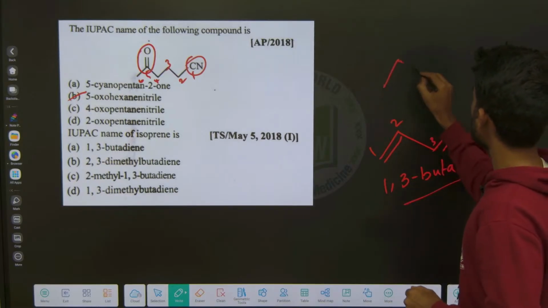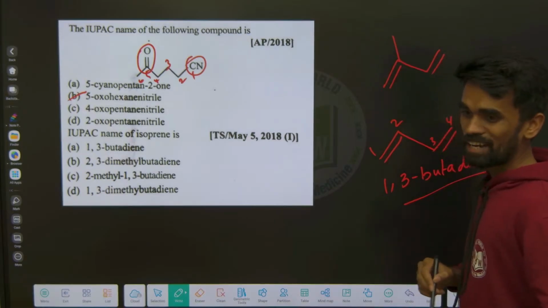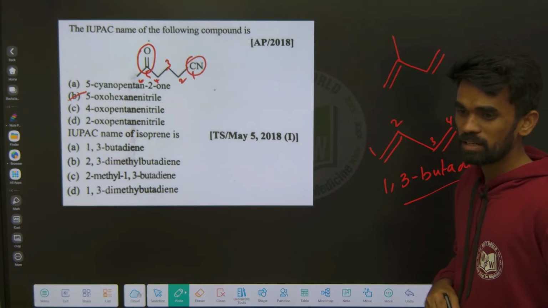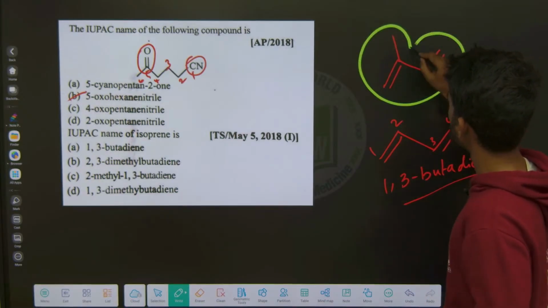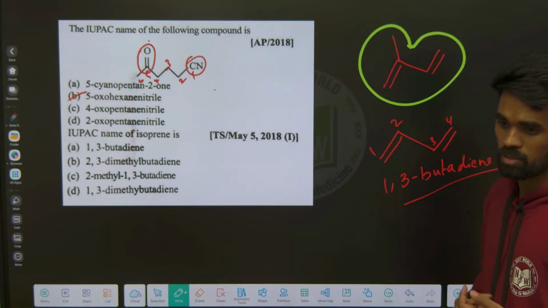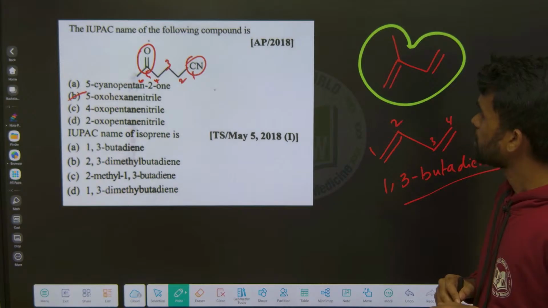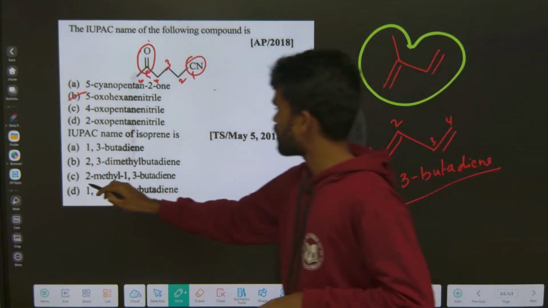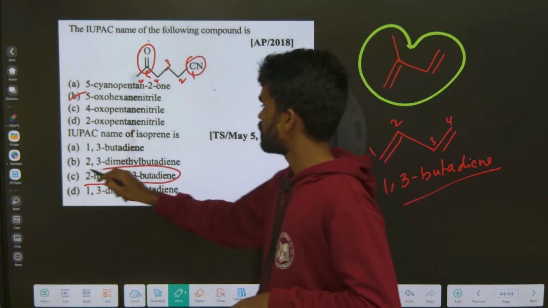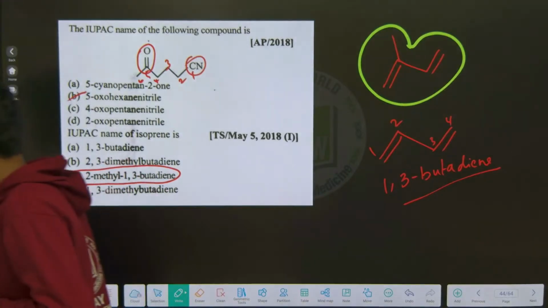Now if I insert one methyl group on the second position, we can call it isoprene. So what is its IUPAC name? 2 methyl, buta-1,3-diene. 2 methyl 1,3 butadiene. So option C is there now. That will be our answer, right?